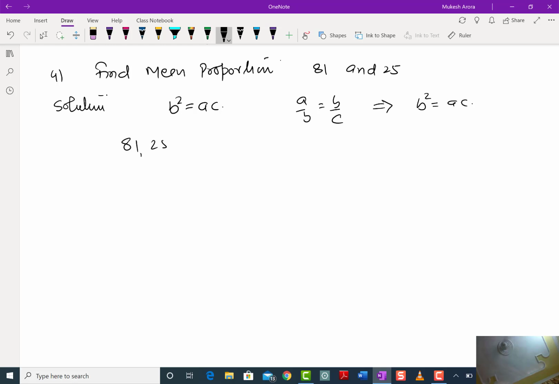So the third number will be x, that means 81 by 25 is equal to 25 by x. So mean proportion means 81, b and x. So b square is equal to 81 into 25, b is equal to 9 into 5, which is 45.